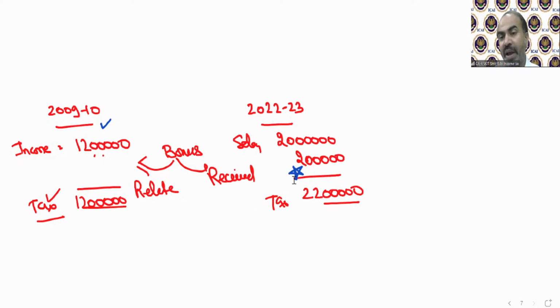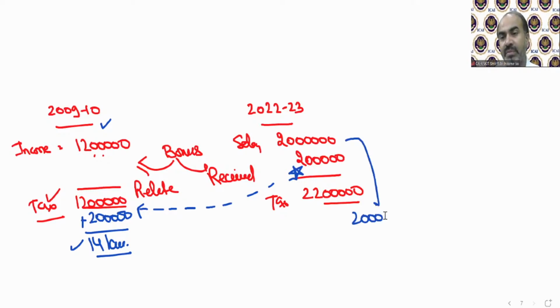So if this 2 lakh has been received by me in this year and is taxable in this year, then my tax liability needs to be looked at. So what is the assessee technically saying?